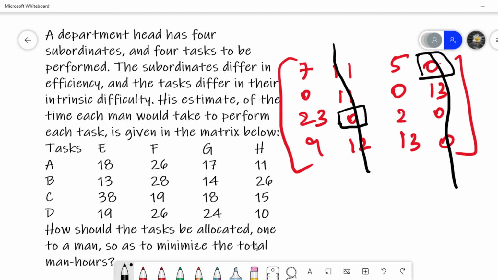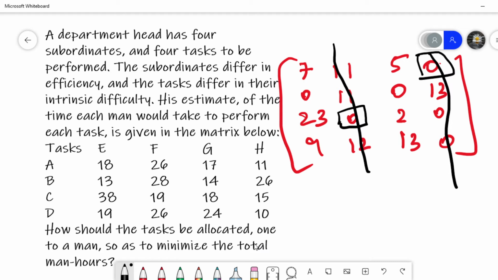For the column scanning, we start from the first column and ask the same question: is there exactly one 0 in that column? If yes, mark a square around that 0 and draw the horizontal line passing through that 0. Otherwise, skip that column.